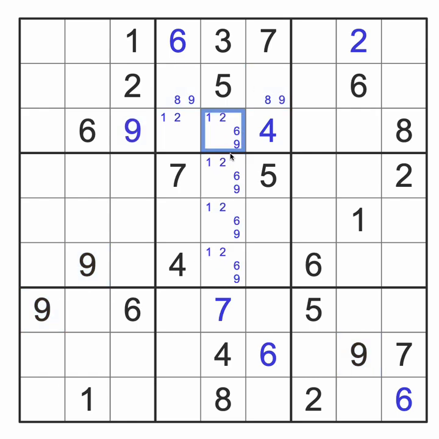Well, I already established this is 1 or 2, and this cell is blocked by 6 and 9, so that gives me 1 or 2 for this cell, which forms a 1 2 double with this cell, and that means I cannot use 1 or 2 in these 2 cells.